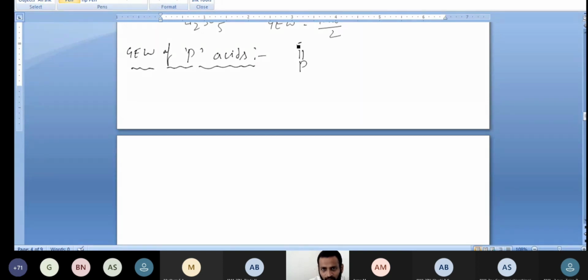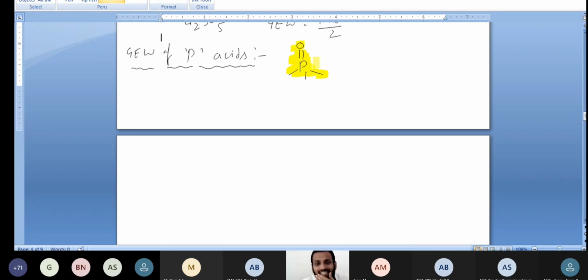It has a P double bond like this, and you have 3 single bonds like this. So this is the most important skeleton structure of phosphorus acid.